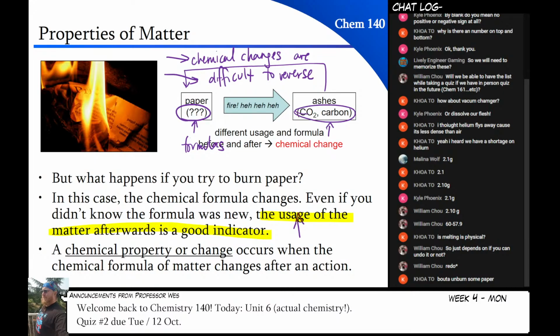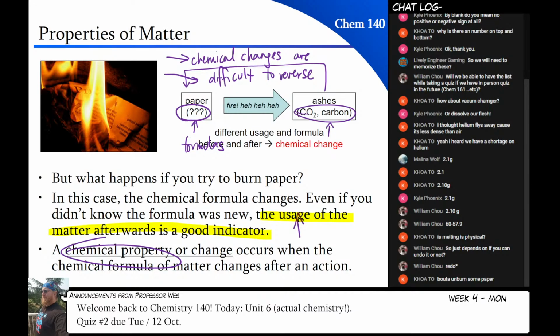Okay, so that's what our rubric is going to be. Try to use those guidelines to determine whether physical changes or chemical changes have occurred for a given scenario that I provide to you. Now, it's not going to be a perfect guide, but the examples that I give you or ask you to do should fall into one category or the other based on the ground rules that I've set up for you.